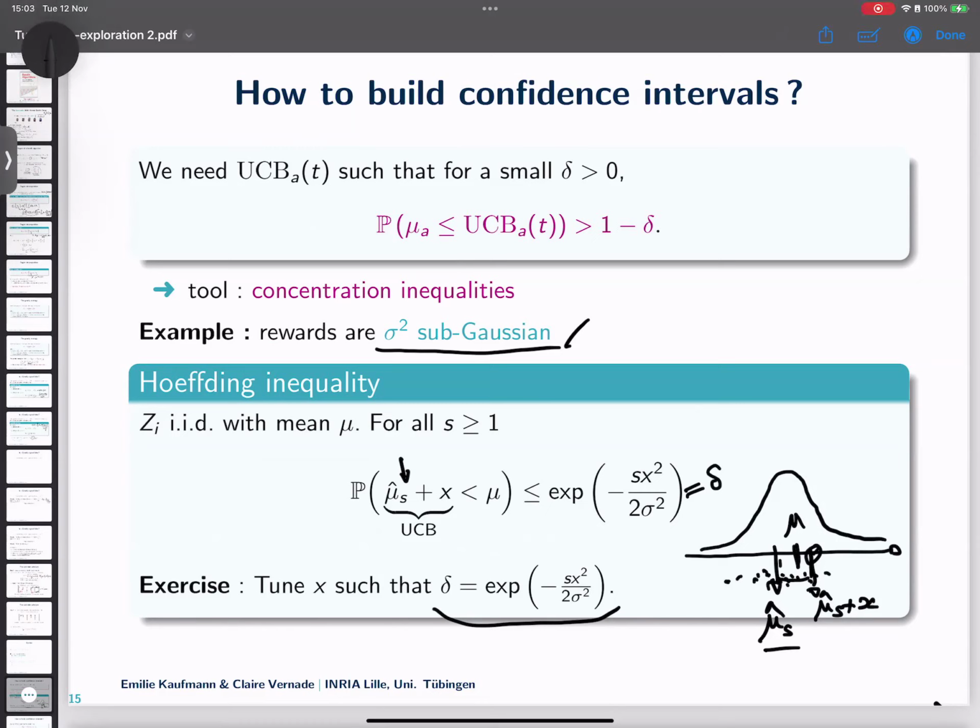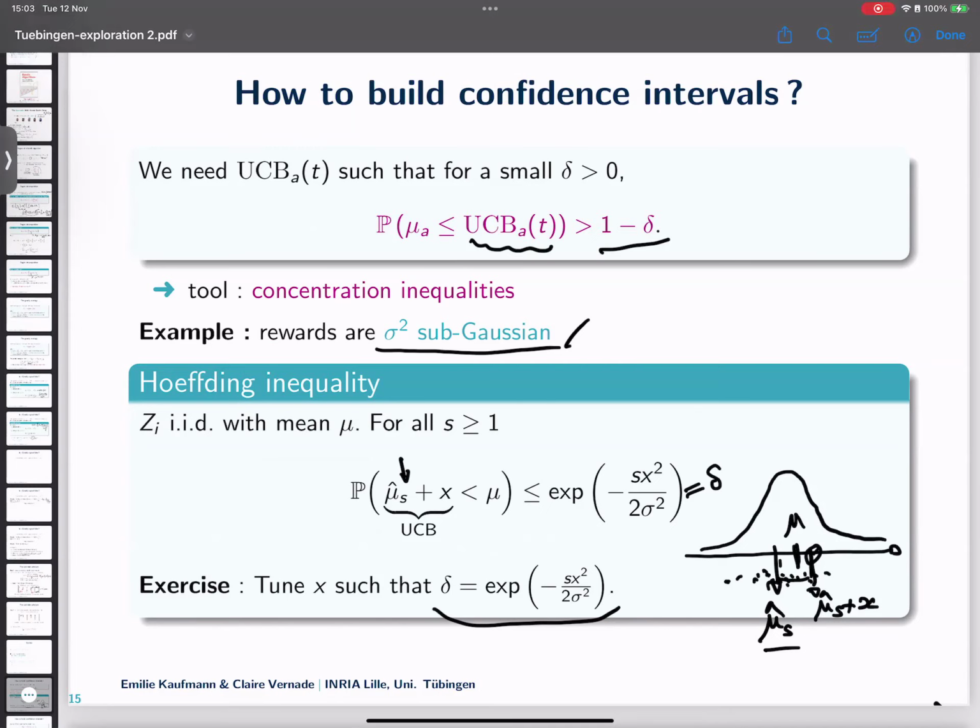So the probability that my confidence interval is indeed valid, with high confidence. So this is what we wanted, right? We want to guarantee that if you design your UCB well, the confidence interval covers the true value with probability 1 minus delta.